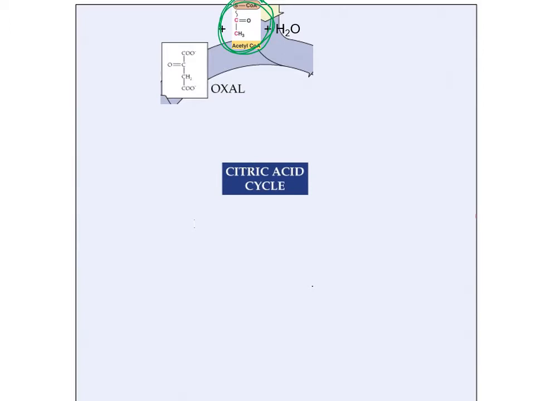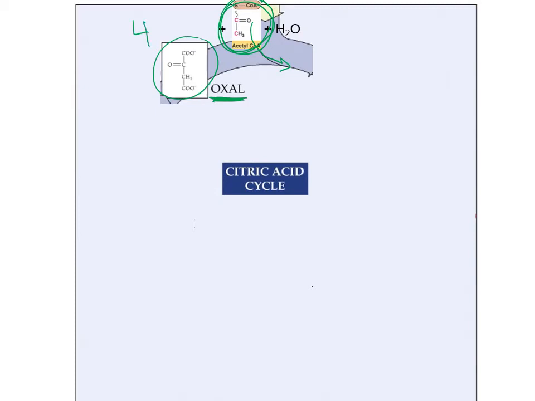And as a cycle, it really doesn't have a beginning or end. It's just continually running. So as we enter the cycle with our acetyl CoA, it's already in process with this 4-carbon molecule called oxaloacetate.